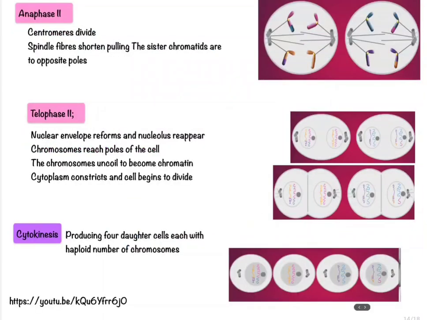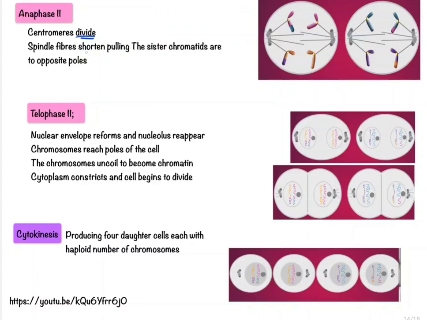Okay. About anaphase II, the centromere now divides. In anaphase I, we said it doesn't divide, but here it's just like ordinary mitosis, so they're just going to divide, okay? They're not needed anymore. The centromeres divide, okay?